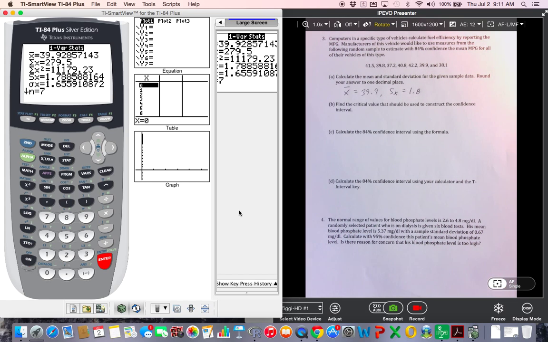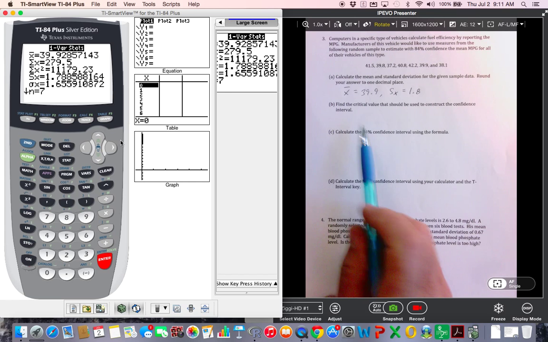You will never, ever, ever in my class use that 1.65. You will never use the value that goes with sigma x on your calculator. If sigma is given in the problem, use it. But if it's not, you're forced to use Sx.